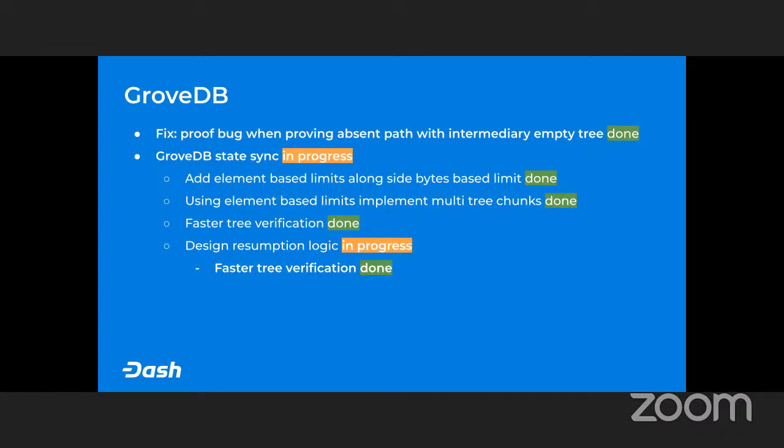So Sam talked about the first point briefly, where we discovered the bug in the proof system. It's a very rare case in the sense that you need to be asking for a proof for something that does not exist, and that thing must be in something that doesn't exist, and that must not be in an empty tree.